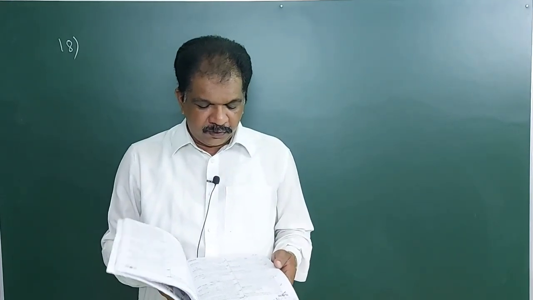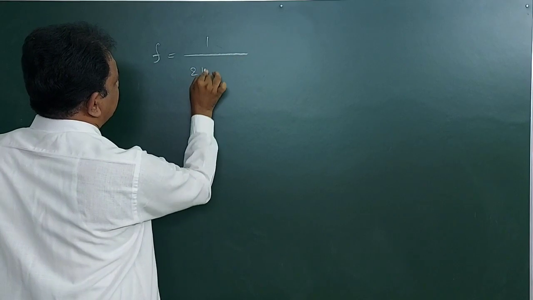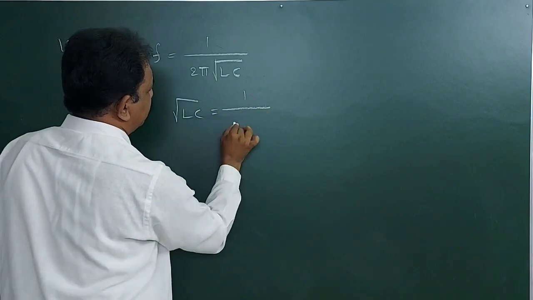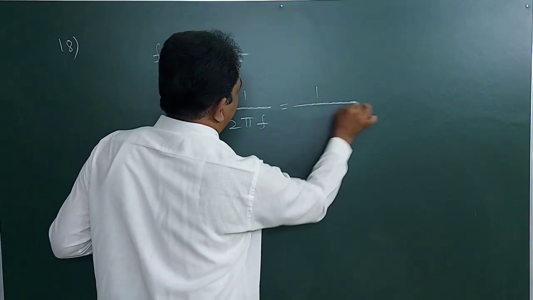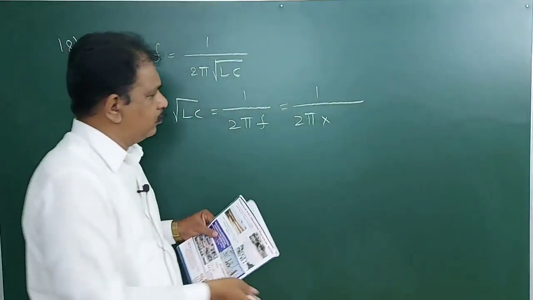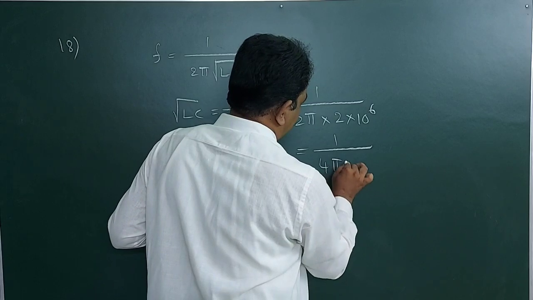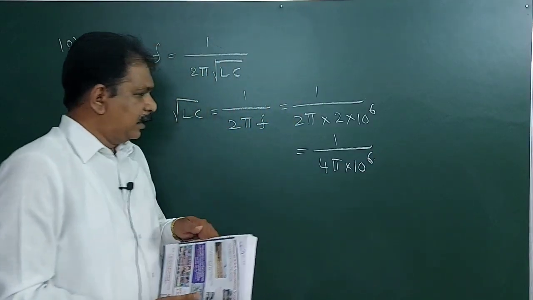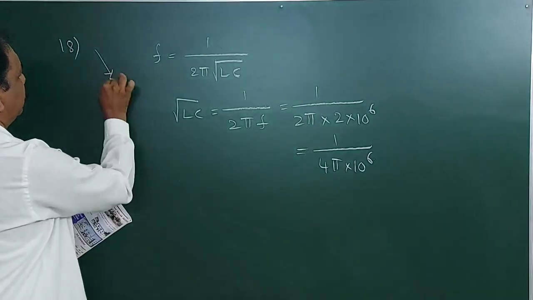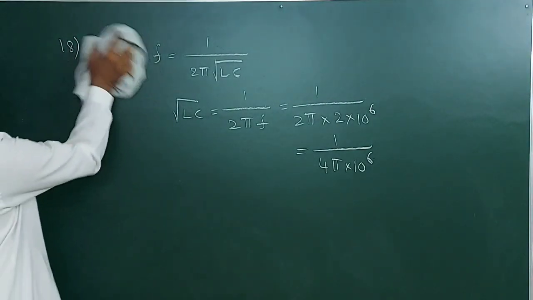The value of root LC: F is equal to 1 by 2 pi root LC, so root LC is equal to 1 by 2 pi F. 1 by 2 pi into the frequency value they gave, 2 MHz, is 1 by 4 pi into 10 power 6. So 18th it will be the 4th option. Clear? See the 19.